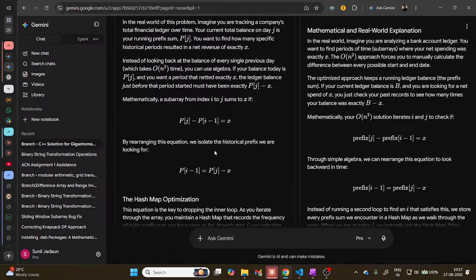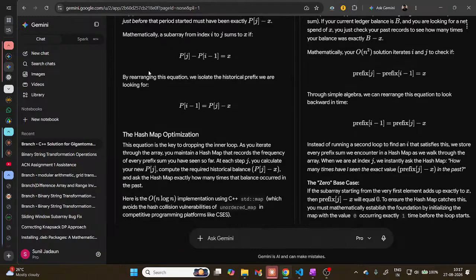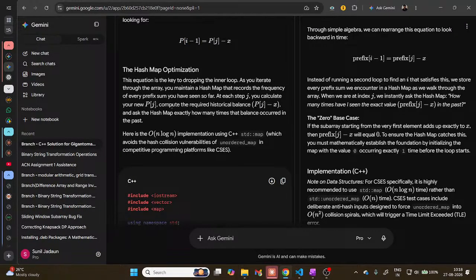X. Then we isolate the prefix. By rearranging this equation, we isolate the historic prefix we are looking for: Pi minus 1 is equal to Pj minus 1. This equation is the key to dropping the inner loop. As you iterate through the array, you maintain a hash map that records the frequency of prefix sums you have seen so far.